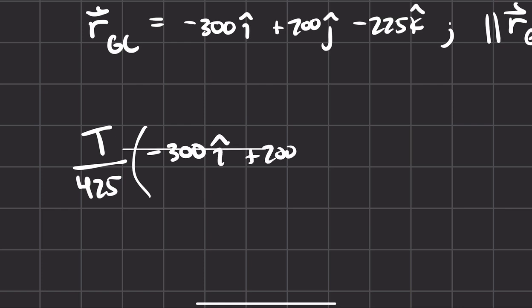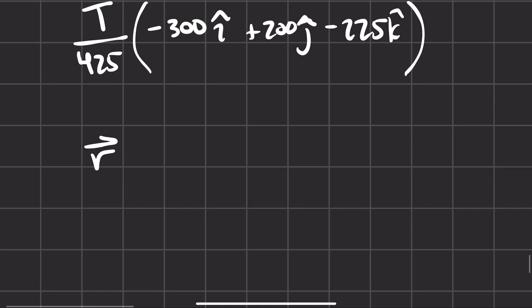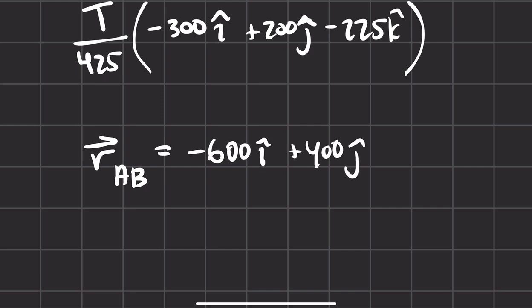This is the same thing as its unit vector, negative 300I plus 200J minus 225K. And then we can also get our position vectors from A to B, which is equal to negative 600I plus 400J plus 150K.